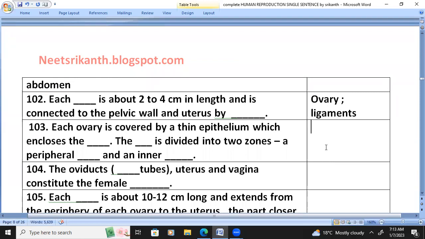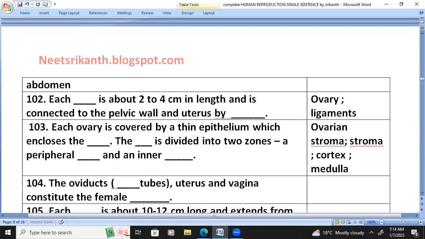Each ovary is covered by a thin epithelium which encloses the ovarian stroma. The stroma is divided into two zones, a peripheral cortex and an inner medulla.